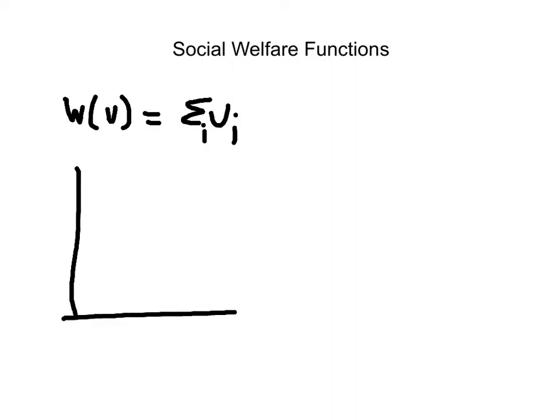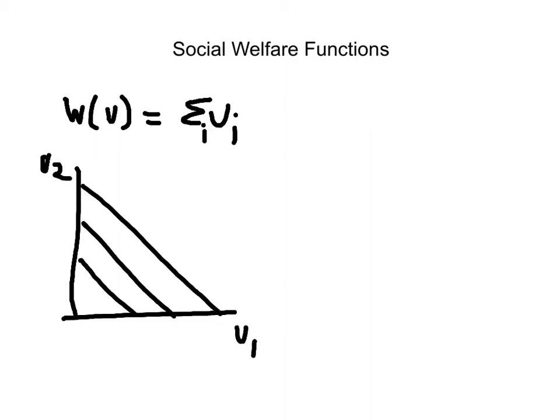The utilitarian function is a social function which simply sums up individual utilities experienced by individuals in society. The indifference surfaces are straight lines, so if we draw in a two-person situation, we would have indifference surfaces like this. So the problem of a social planner here would be to maximize the total amount of utility experienced in society.